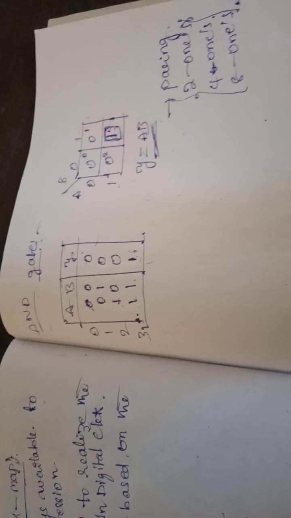Later we will see what this pairing is. Now only one 1 is there, so what will we write in the box? 1 represents AB. So from this, Y is equal to AB. This is the AND gate. So by using this K-map, we can realize the logic circuit expressions.